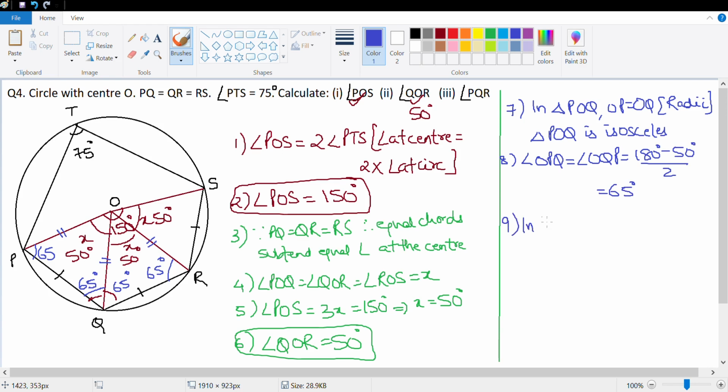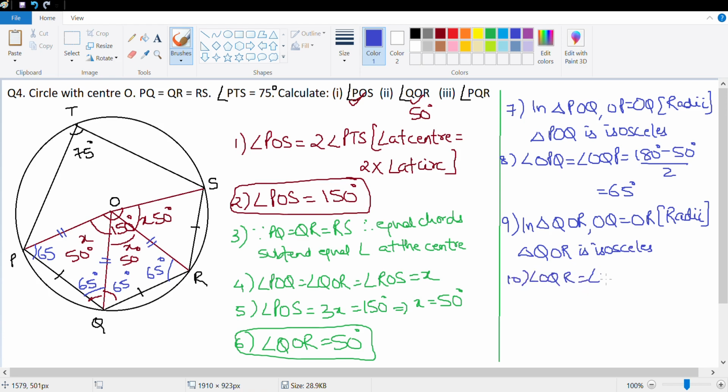Next, in triangle QOR, OQ is equal to OR, again radii of the same circle, which means triangle QOR is isosceles, which means angle OQR is equal to angle ORQ is equal to 180 degree minus 50 degree upon 2, which is equal to 65 degree.